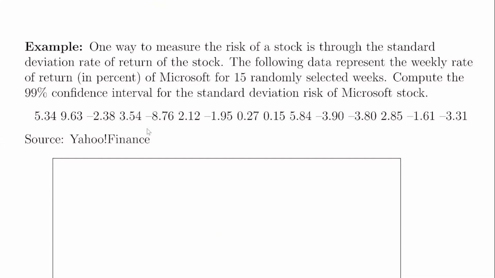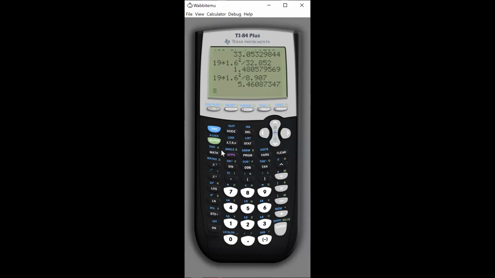Because it said compute the 99% confidence interval for standard deviation, I know I need the sample standard deviation for this one. All right, so let me transition over to the TI-84. We'll go to stats, edit. I'm going to press up, clear, enter. So I'm going to enter all of these numbers.